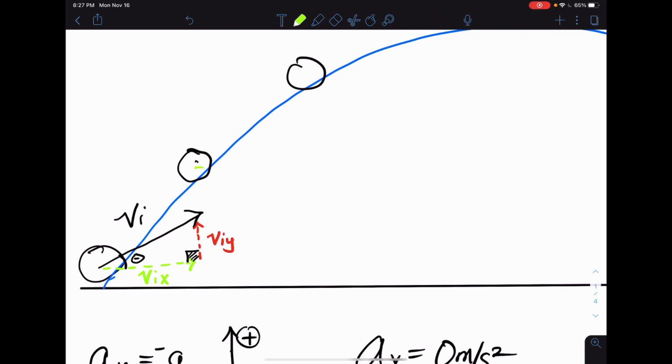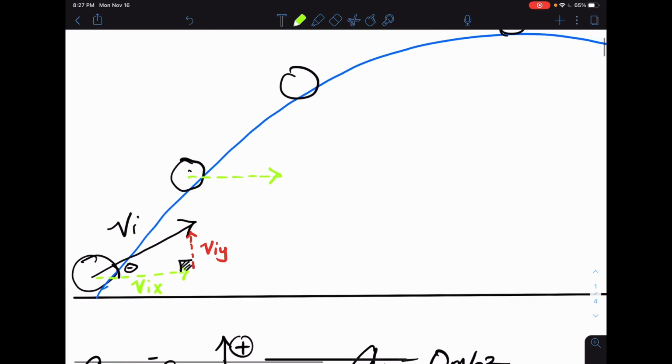So at this point right here, how many dashes did I use? About 6 or 7. So at this point right here, the x velocity is equal to VIX. It stays constant, right? So VX right here is still VIX. It's still the same length. It's still the same amount.